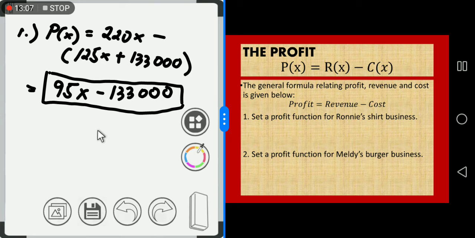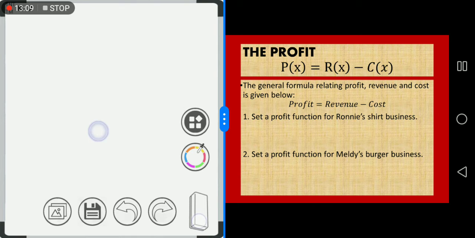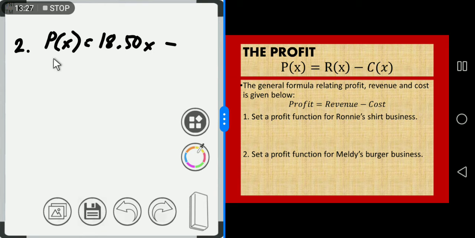Then for Meldy's Burger, ang kanya pong given ay 1850x, kung hindi ako nagkakamali. So we have the profit function which is equal to 1850x minus yung kanyang cost function na 1040x plus 1,150,000 pesos.